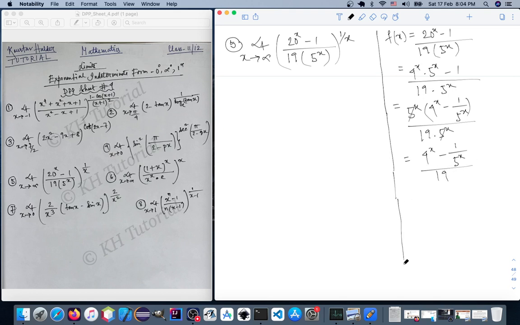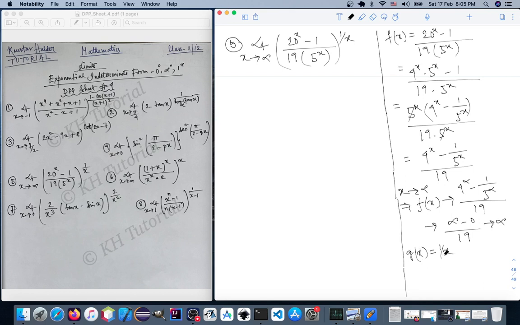So x tending to infinity implies fx will tend to 4 to the power infinity, 19. This is infinity minus 0, this is tending to infinity, and gx is 1 by x.